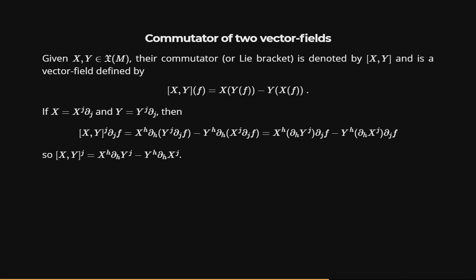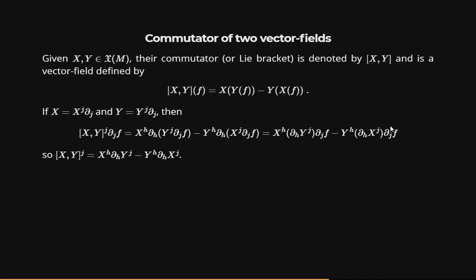So you end up only with the terms where you differentiate either y^j or x^j, and so you end up with this expression where the leftmost derivative is applied only to the coefficient of the vector field, because when you apply it to f, the terms with the same second derivative of f cancel out, because deriving first in the h variable or in the jth variable or the opposite is the same. So you end up with this expression.